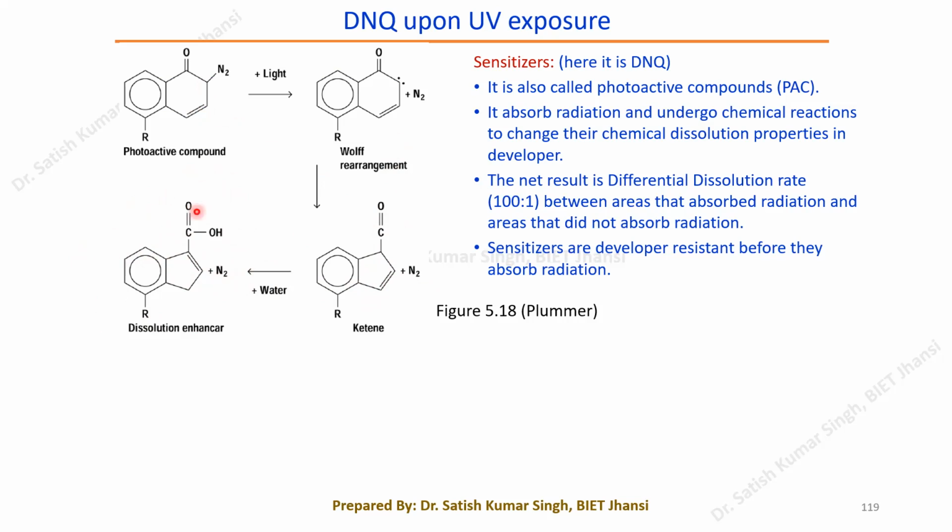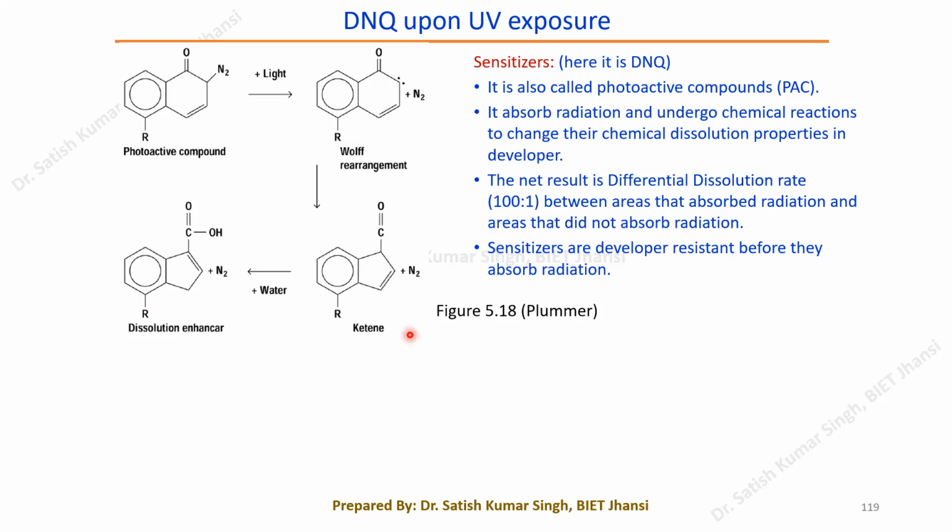After this reaction, we write it as a dissolution enhancer, meaning the dissolvable property of this carboxylic acid is enhanced because of this chemical reaction. So it is going to be dissolved into the developer when we apply the developer.